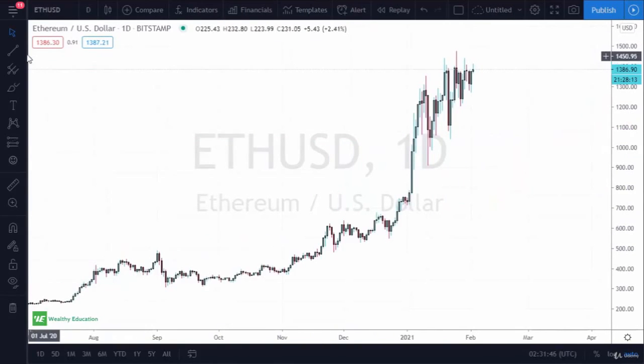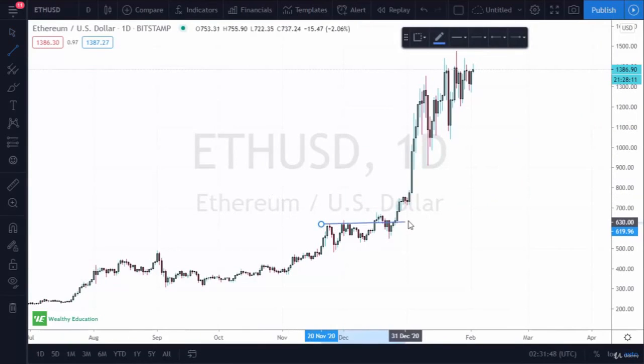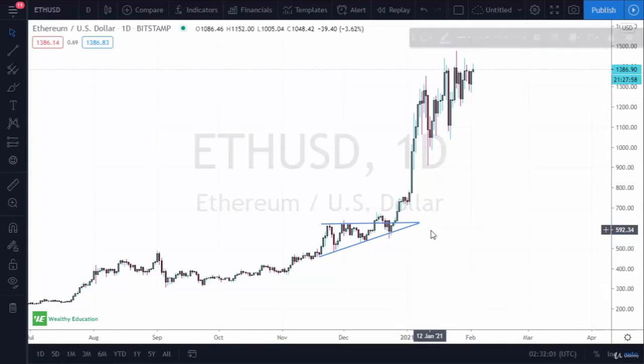Ethereum. So this is an ascending triangle on the daily chart. You can see that we had pretty significant resistance there. We broke before we got to the apex. And in general, you want to see no more than about 80% of the triangle filled. You want to see it break out before then.